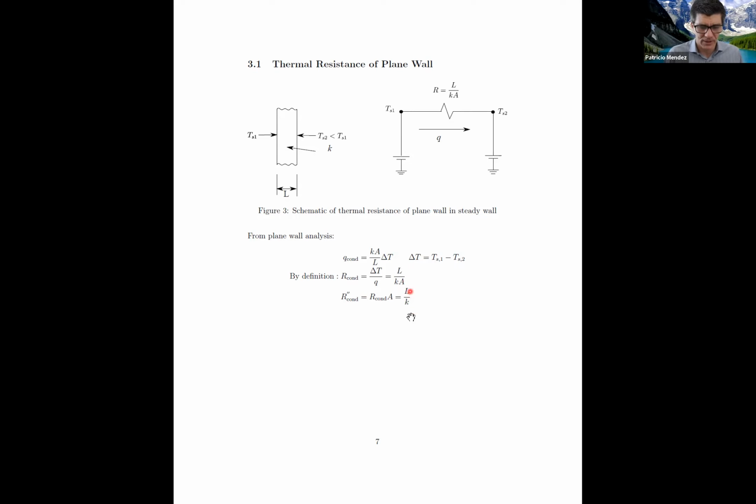Better insulation, lower k, means higher thermal resistance too. We already understand jackets now just by looking at this, but we'll do much better than this. We'll be able to calculate the jackets on a windy day, whether there is sun shining on it or not, and how big you are.